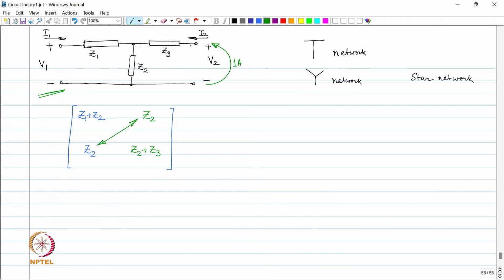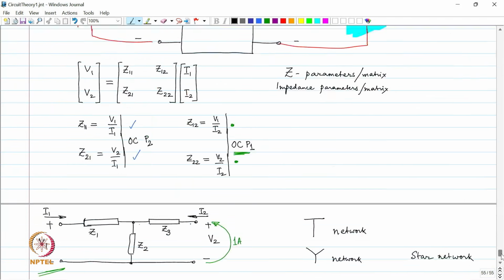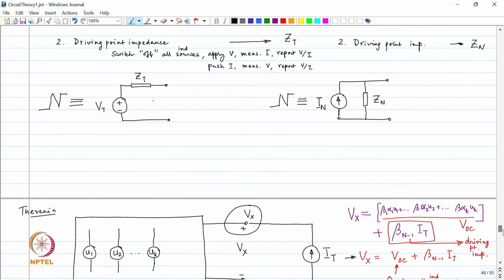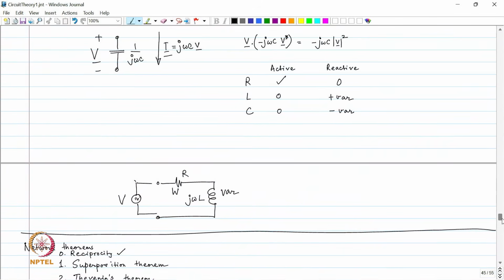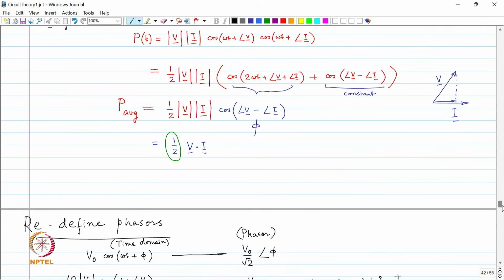Recall reciprocity theorem. What was reciprocity theorem? We had statement 1 of reciprocity, statement 2 of reciprocity.